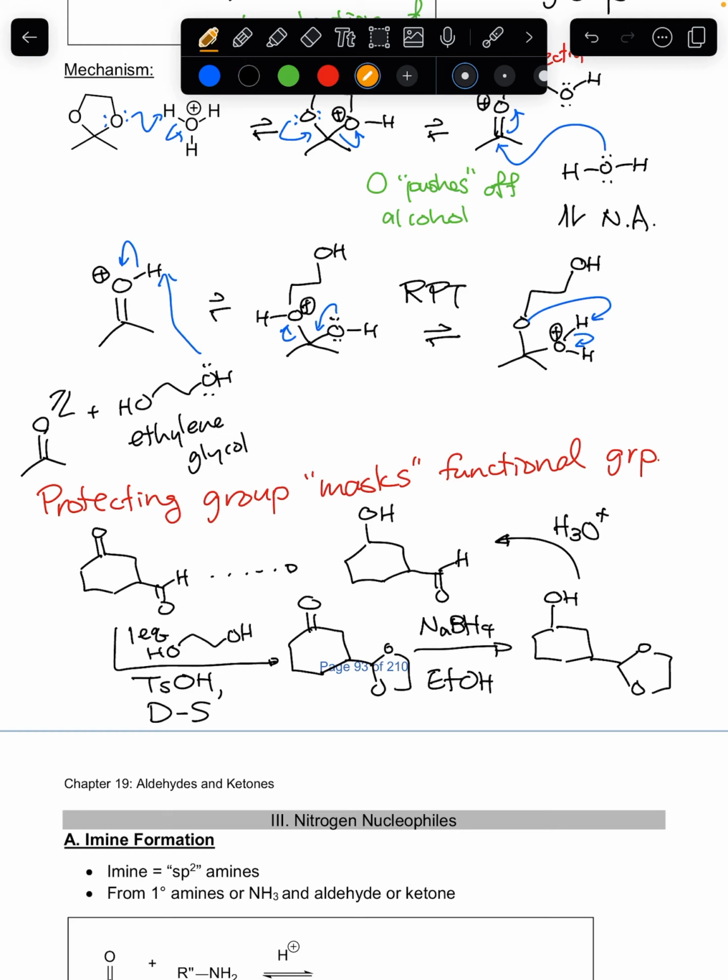Now, you might wonder, why would it just react with the aldehyde? Remember, the aldehyde is more reactive than the ketone. So if there's only one equivalent of the ethylene glycol, it would preferentially react with the aldehyde, but not necessarily with the ketone. And this acetal is very stable under basic conditions.